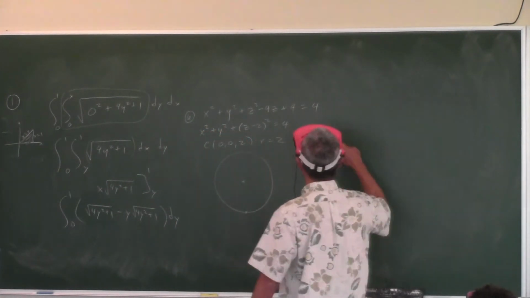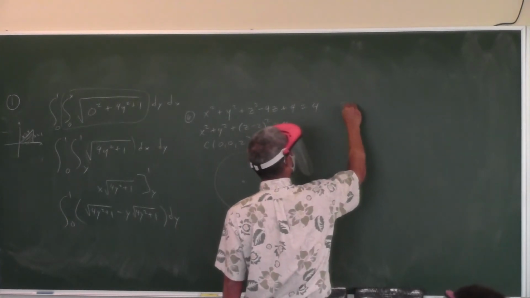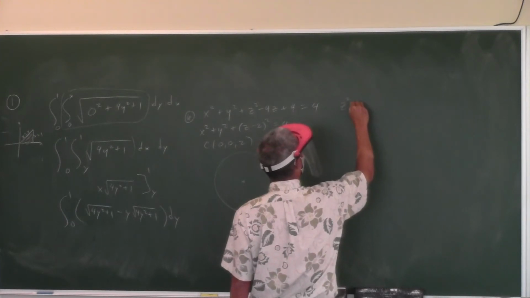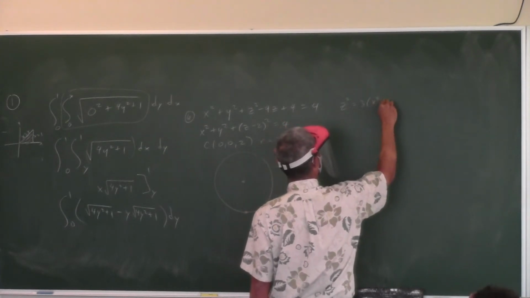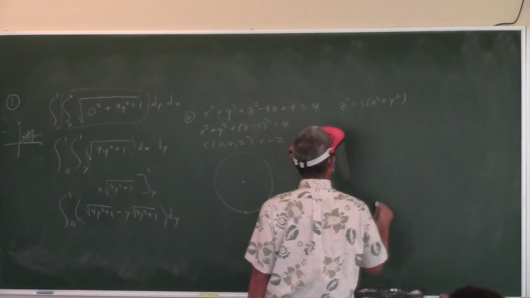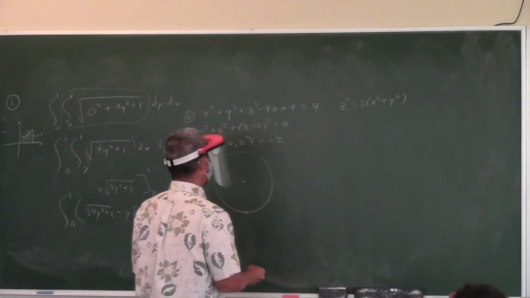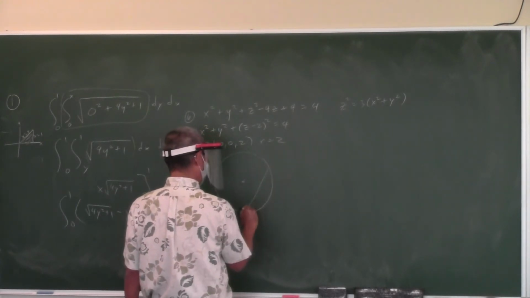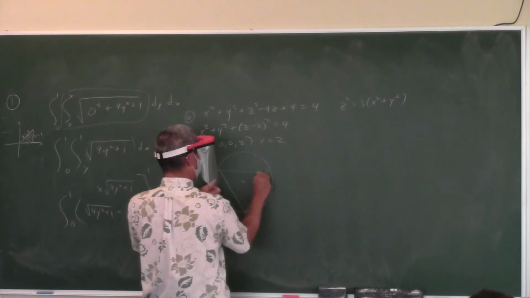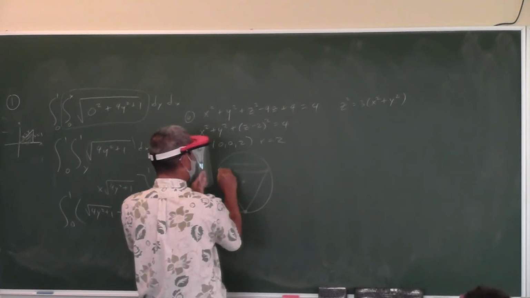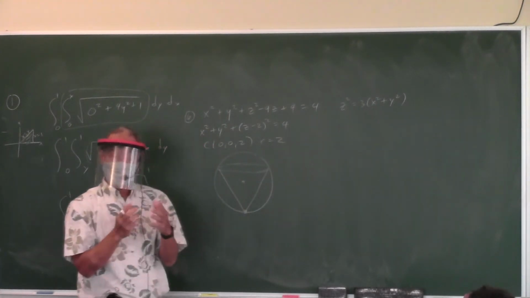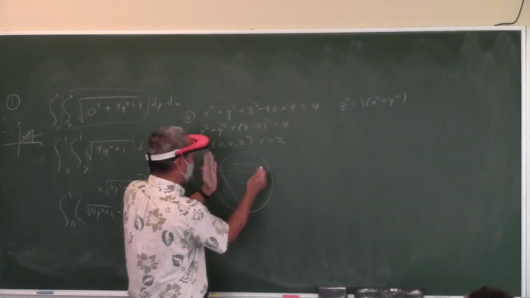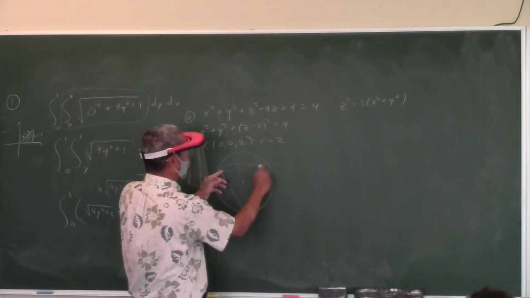The equation is z squared equals 3 times x squared plus y squared, I'm pretty sure. This was the polar thing. So the quadric cone looks like this, and when they intersect, it intersects at a circle like this. It says find the surface area of the cap cut off by the cone. So it's this upper part here, the yarmulke.